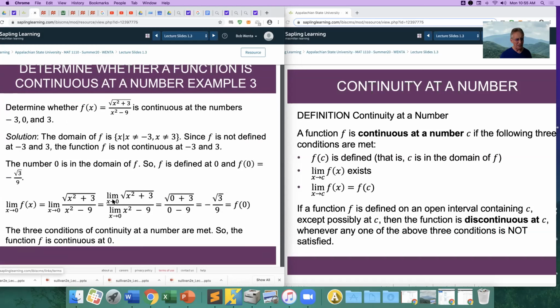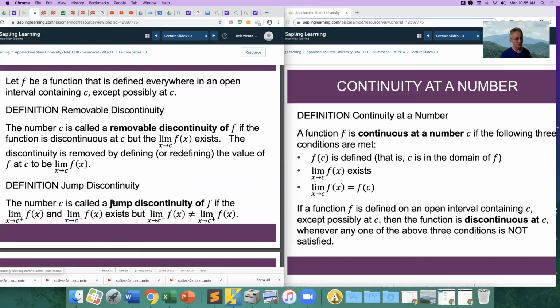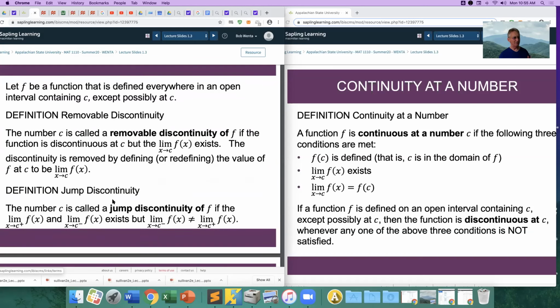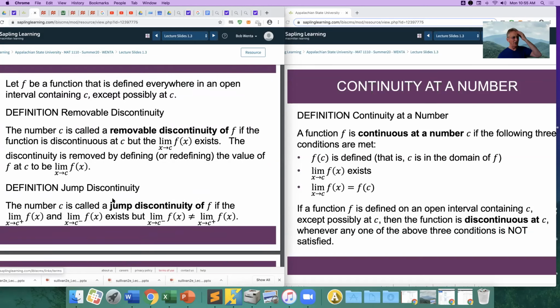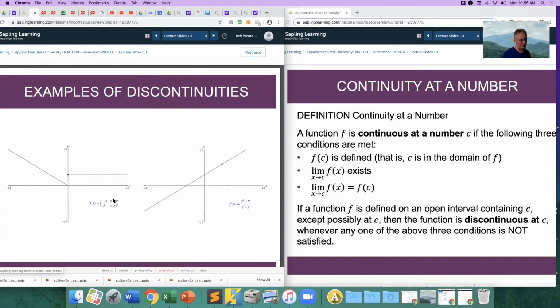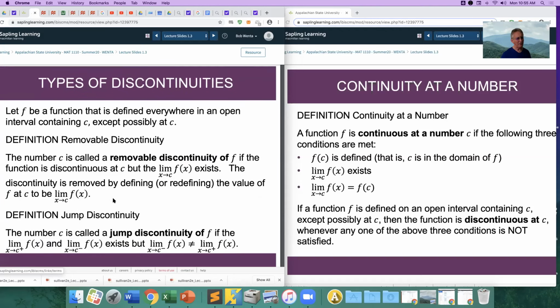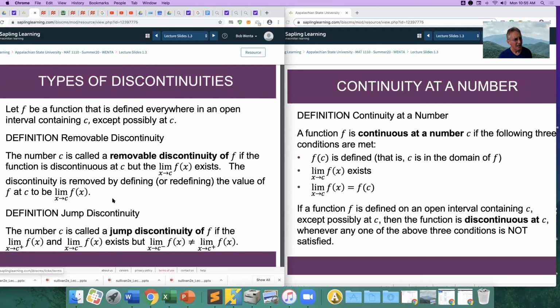Here's one more situation that I think is worthy of note. Here are 2 terms I want you to know. It has to do with the difference between these 2 functions. They both have to do with discontinuities, but one is called removable and the other is called a jump.